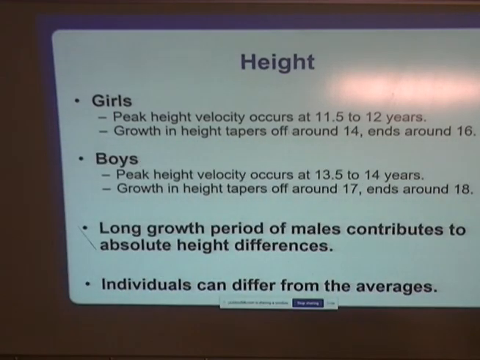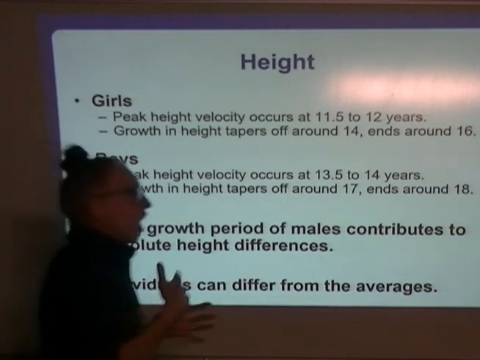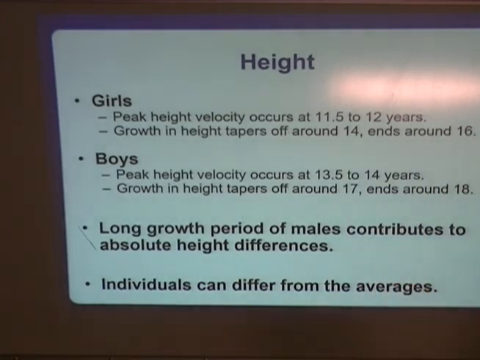All right, so we have our S-curve, right? The S-curve applies to most systems, but the systems are developing at different times, okay? So when we look at height, then we're looking at the skeletal system.